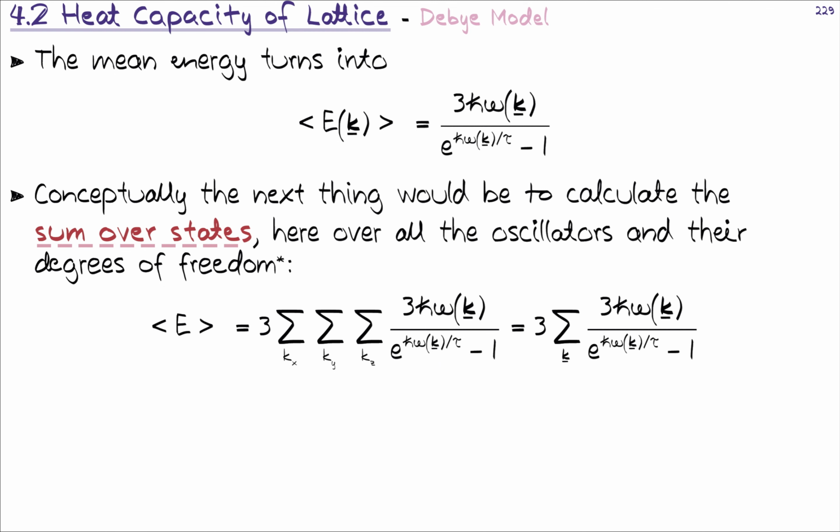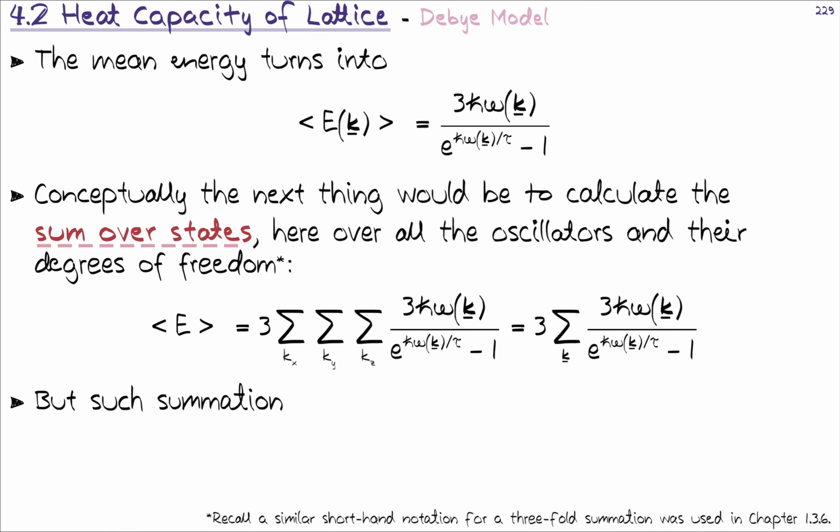So this is now how we would get the mean energy of our system. But the trouble is that this summation is not very easy to calculate. I just say that it's non-trivial, which is another way of saying that it's actually very hard to calculate. And how we proceed is that we resort to an approximation.